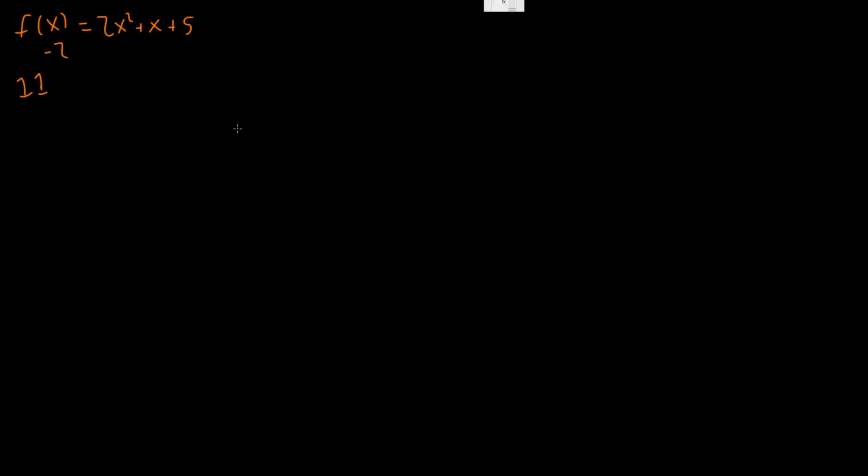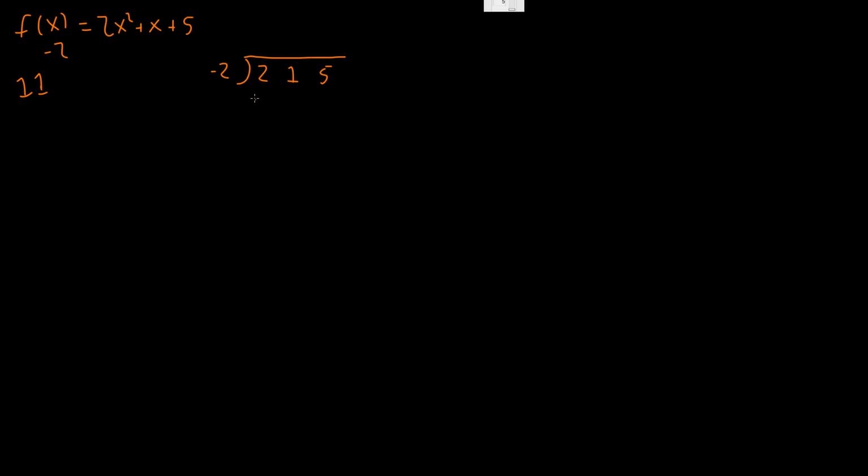So now we're doing synthetic division. I believe you write it like this. We're going to have a -2 here. I think it's -2, not +2. And then we have a 2 and a 1 and a 5. We want to set this up so they can cancel each other out.